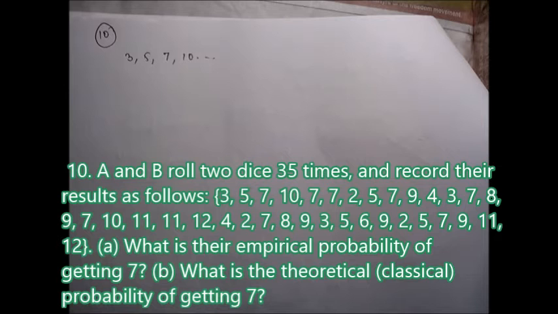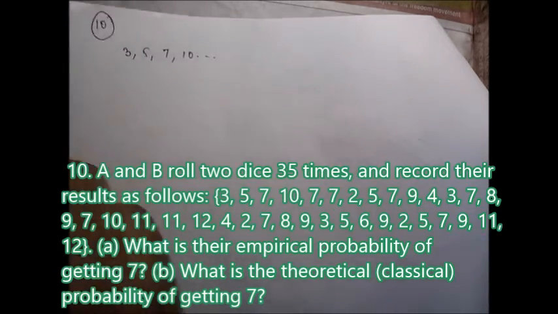Clear? So 35 events are there. What is their empirical probability of getting 7?